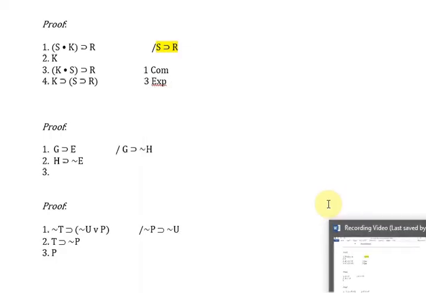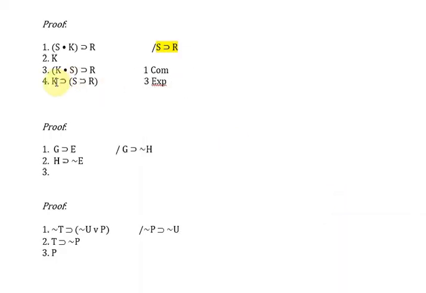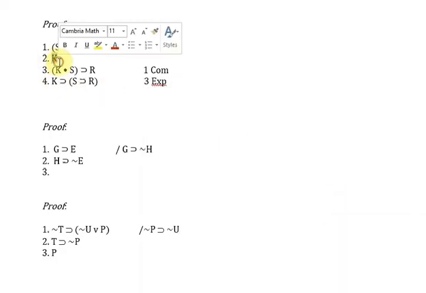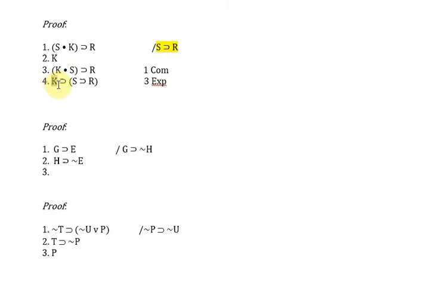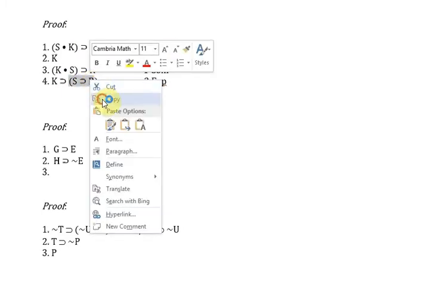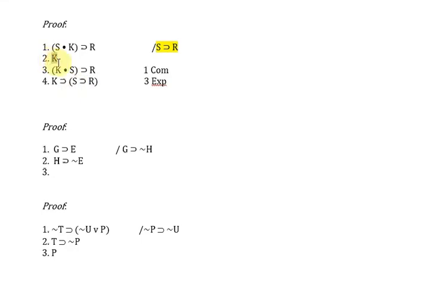Well, notice that we have K by itself over here in line 2, and we have it here as an antecedent. So it looks like we could apply modus ponens. Remember, modus ponens is if P then Q, P therefore Q. Our P here is our K. If P then Q, our Q is our if S then R, which is what we want to get out of there. And our P here again is the K, right?